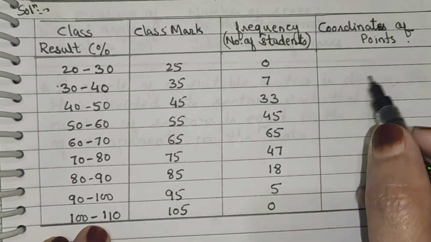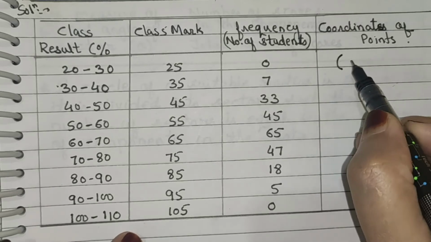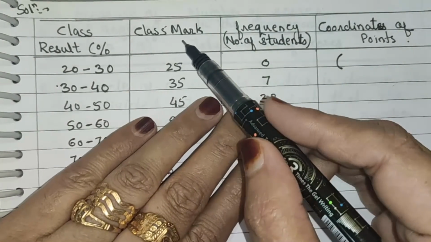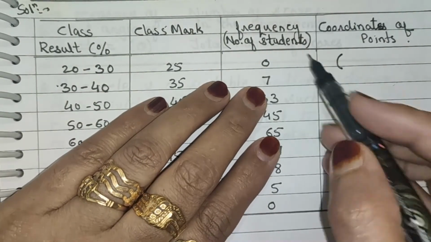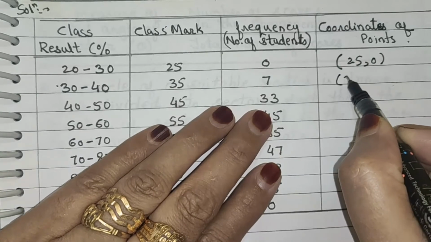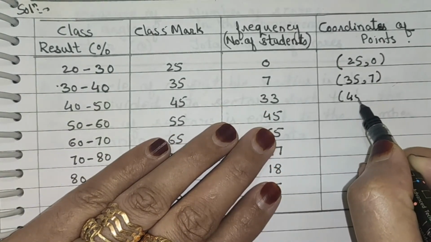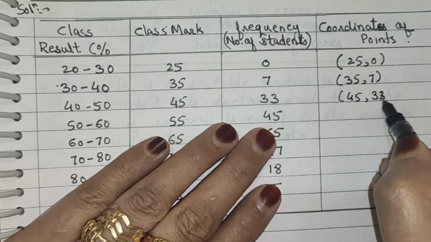Now the last column is coordinates of point. Now here x coordinate is class mark and y coordinate is frequency. Write down here 25, 0. Next one is 35, 7. Next one is 45, 33.